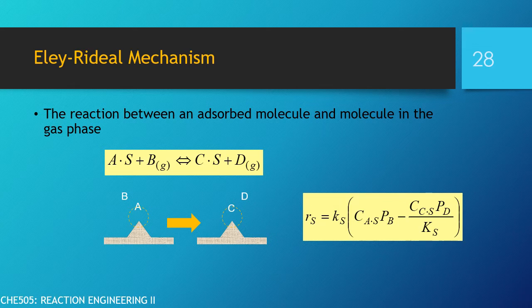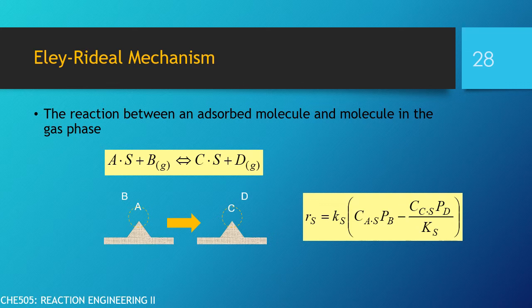B, as a gas, does not attach to any active site, and then reacts to produce the product C. So the rate of surface reaction r_S equals k_S times the bracket of C_A.S P_B minus C_C.S P_D divided by K_S. We express the rate law for B in terms of the partial pressure of gas B, and if gas D is produced and not attached to the active site, in terms of the partial pressure of D. That is why the Eley-Rideal mechanism is special.